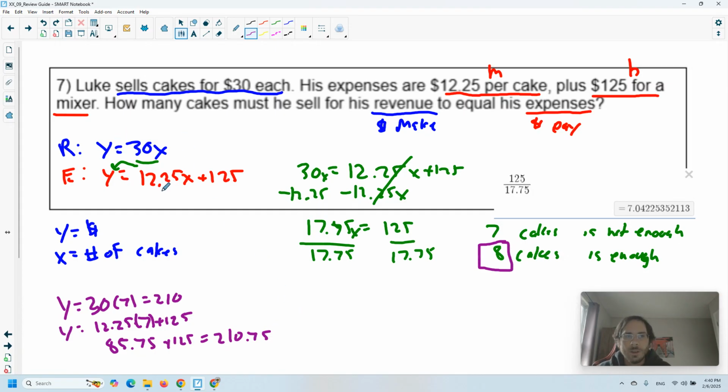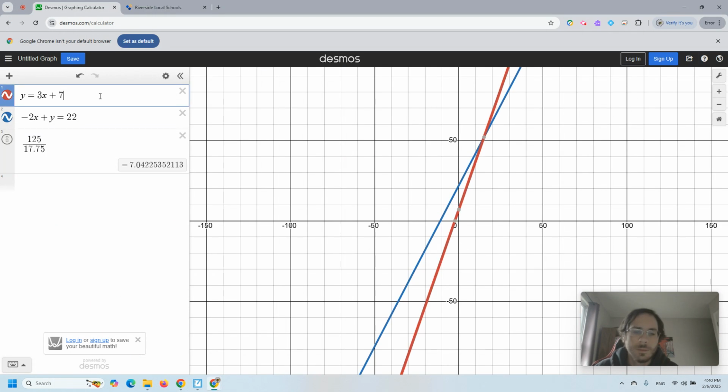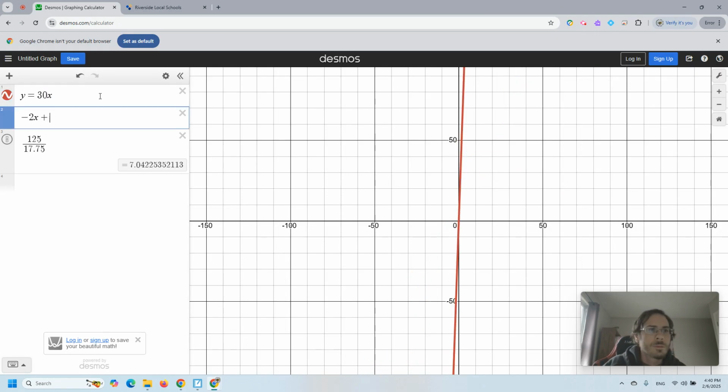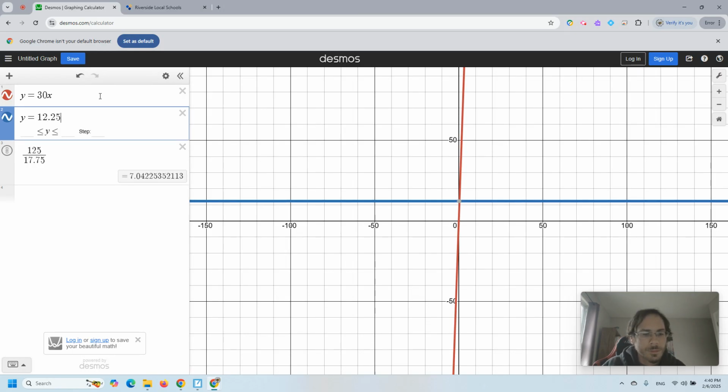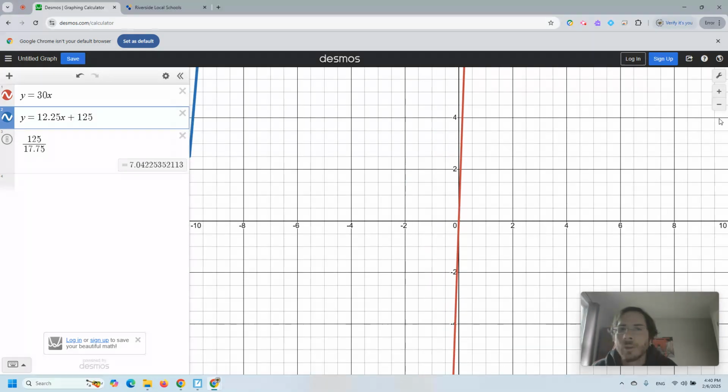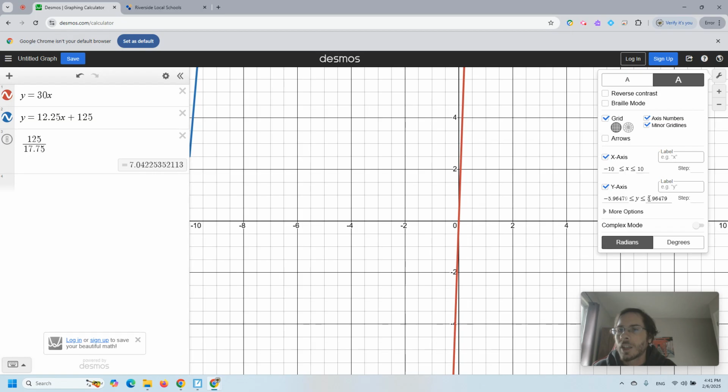Now we should double check. Always double check with a graph, because these decimals do give us cause for pause. So 30x and 12.25x. Again, based on our answer, I'm just going to change my y.